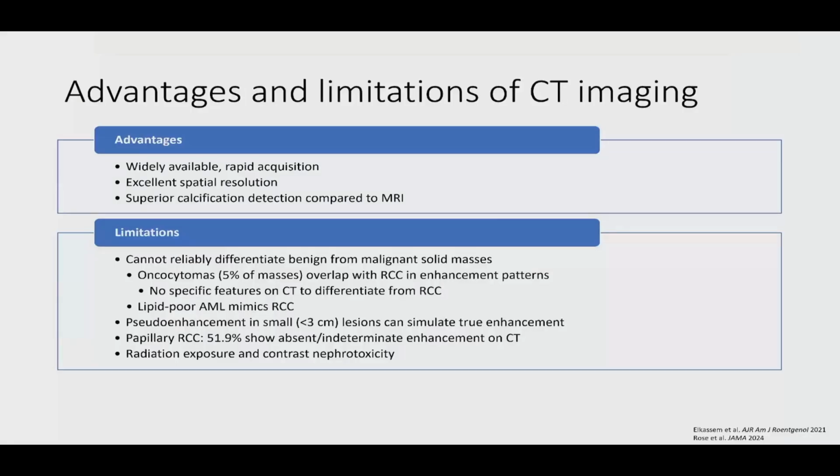Pseudo-enhancement from the adjacent parenchyma can also simulate enhancement in smaller masses, which is another issue with CT imaging. When it comes to papillary RCC, about half of the lesions will show absent or indeterminate enhancement, which is obviously an issue as well. And then finally, CT is associated with higher radiation exposure and nephrotoxicity in some patients.